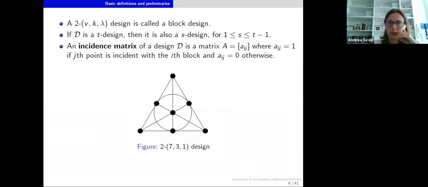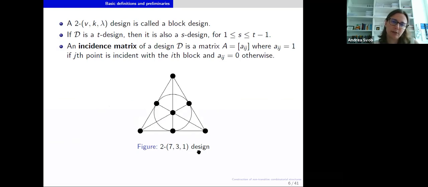Okay, so the most famous design is the Fano plane, or 2-(7,3,1) design, and when t is equal to 2, this design is called a block design. Here you have an illustration of the Fano plane, or a 2-(7,3,1) design.